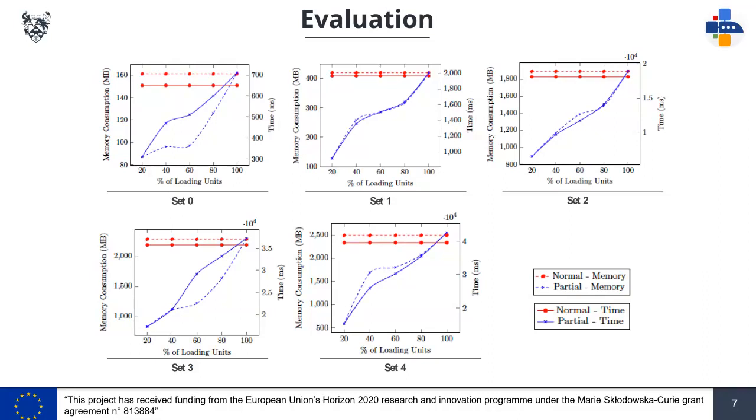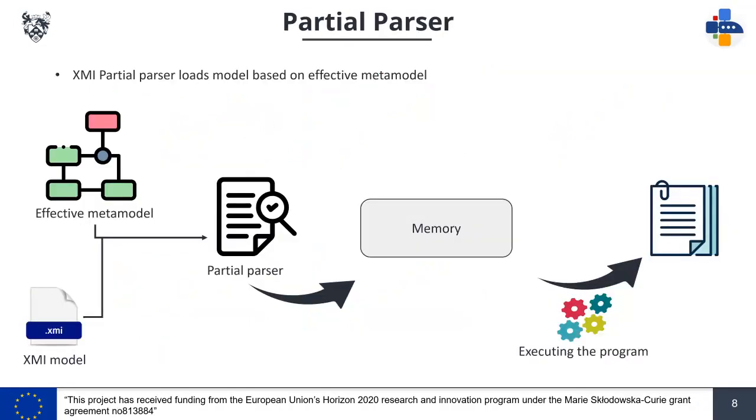Of course, at 100% it's a little more because of the overhead of calculating the effective metamodel. So when you know that you are going to use 100% of the model in a program, it doesn't make sense to go for partial parsing. But otherwise, it's better. So using the partial parser is good because we are just using the necessary information.